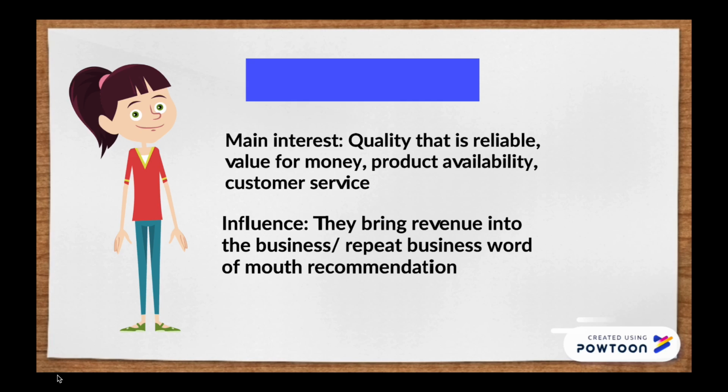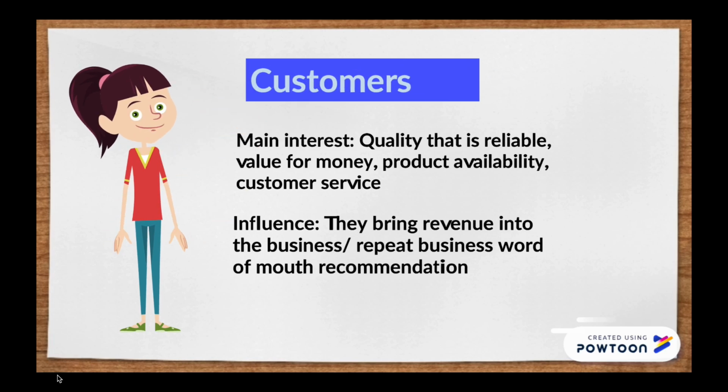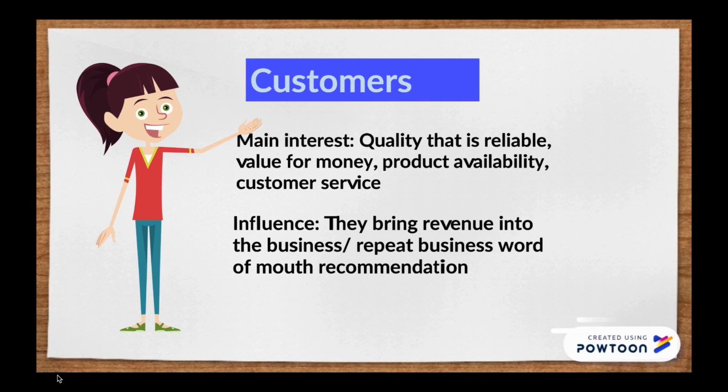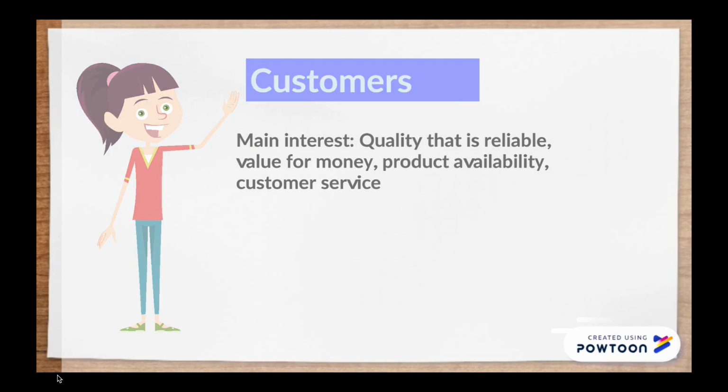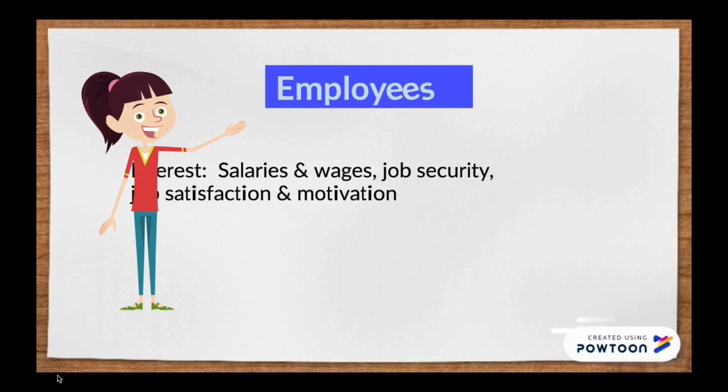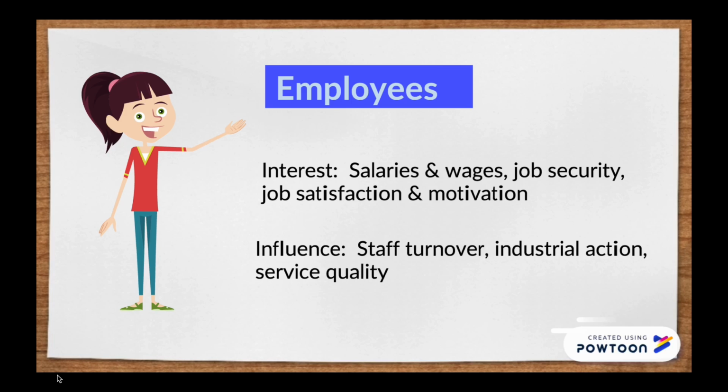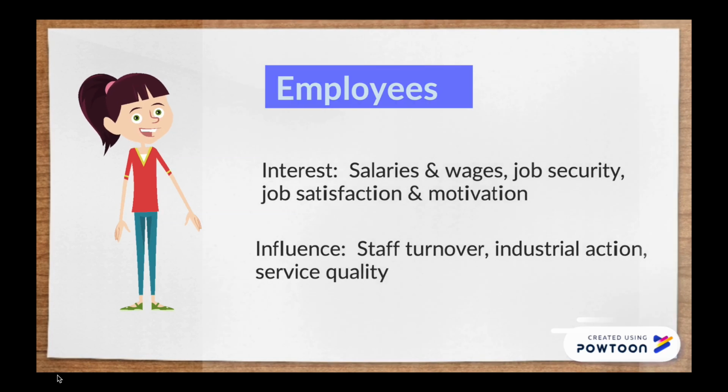Customers are the most important external stakeholder for Amazon because their main interest is reliable quality, and they are interested in value for money, and their influence is that they bring revenue into the business. Employees are the most important internal stakeholders for Amazon because their main interests are salaries and wages, which motivate them to work there, and their influence is staff turnover, industrial action, and service quality.